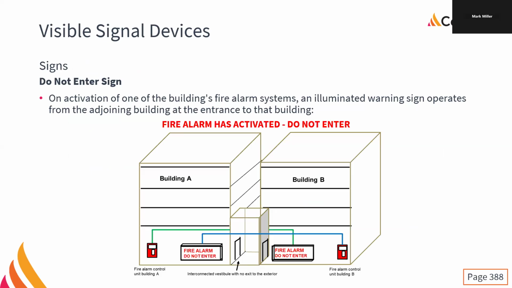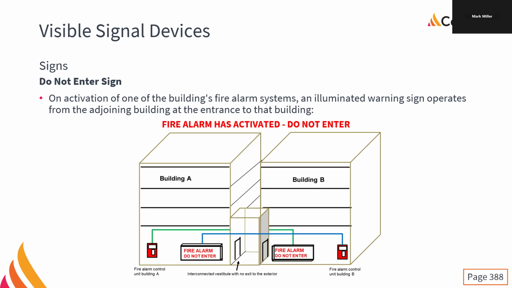And we use them in places like this, when we have interconnected vestibules or walkways or tunnels or bridges from one building to another. We need to know if the fire alarm is active in the other building. Because if the fire alarm is active in building B, then we don't want to be walking from building A into building B. That's just a bad idea.